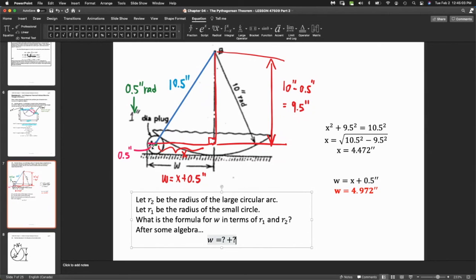The 0.5 is actually just the radius of the little circle. So that's R1. It's going to be something plus R1. R2 is the big circle and R1 is the little circle. Denny, are you saying that R2 goes in the other blank, or are you saying that this R1 should be an R2?